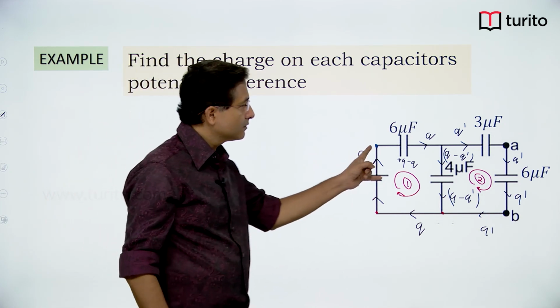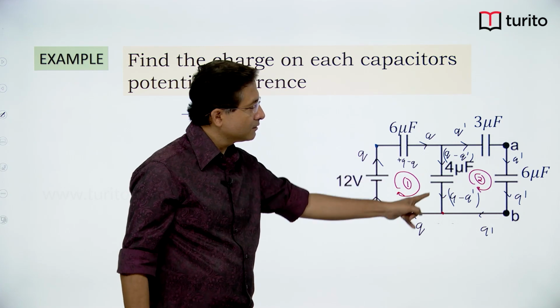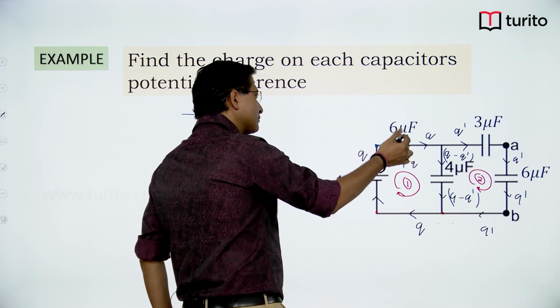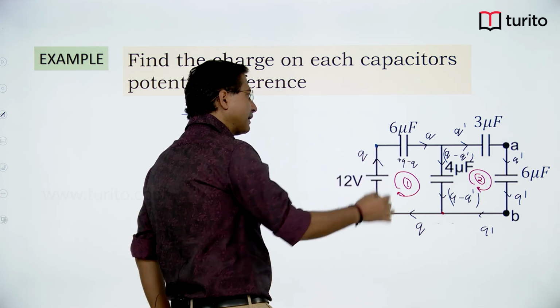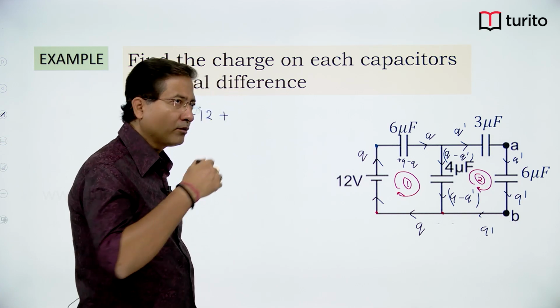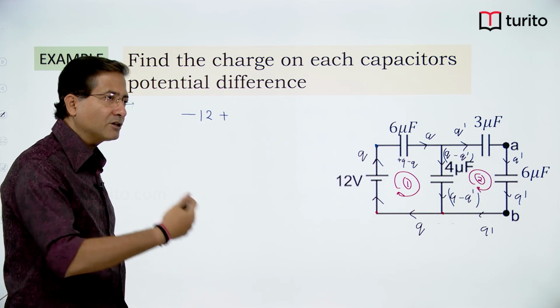Now comes this element, I have to go like this. As charge is given, this plate will be positive, this will be negative, and you are moving from positive to negative, so potential is decreasing from higher potential to lower potential.